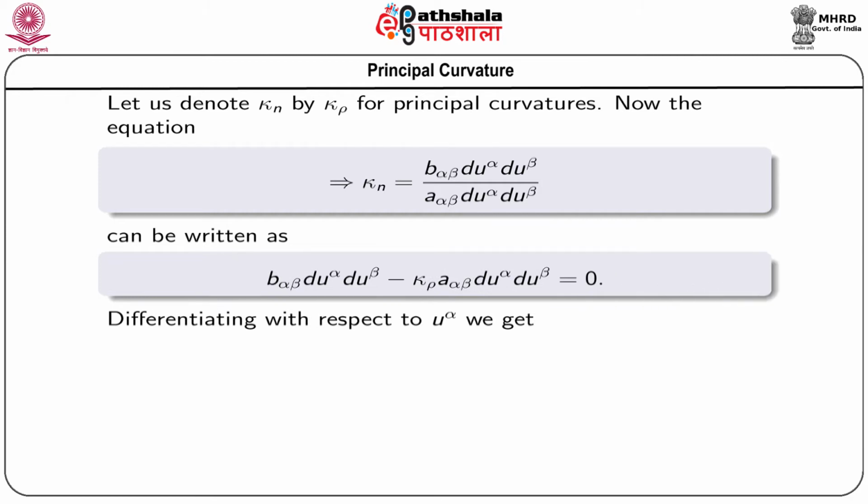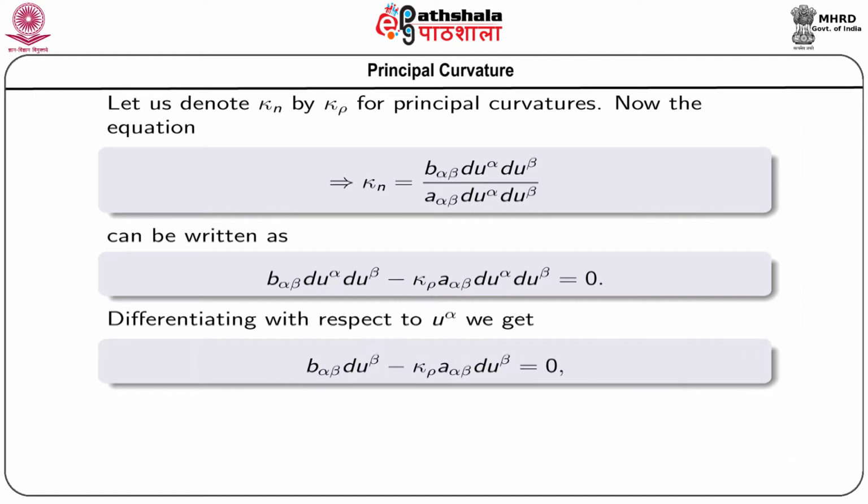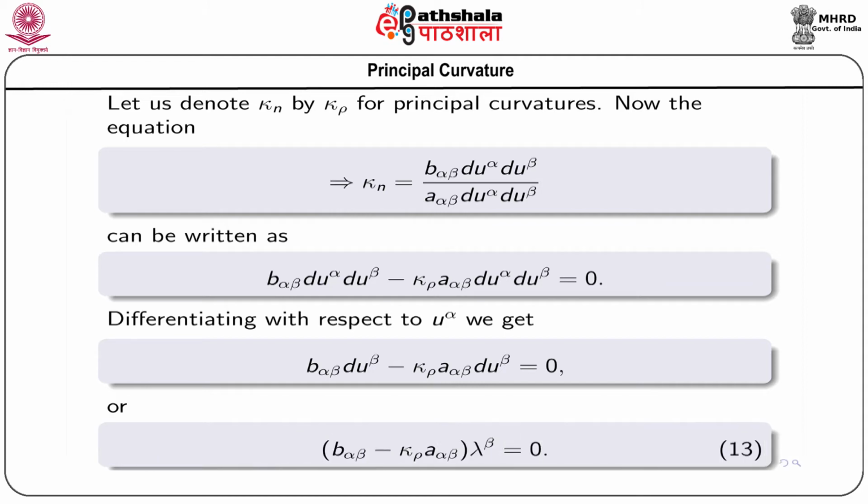Now, differentiating with respect to u alpha, we get b alpha beta du beta minus kappa rho a alpha beta du beta. Or if we take du beta common and divide by ds, then it will be b alpha beta minus kappa rho a alpha beta lambda beta, because lambda beta we know is du beta by ds.